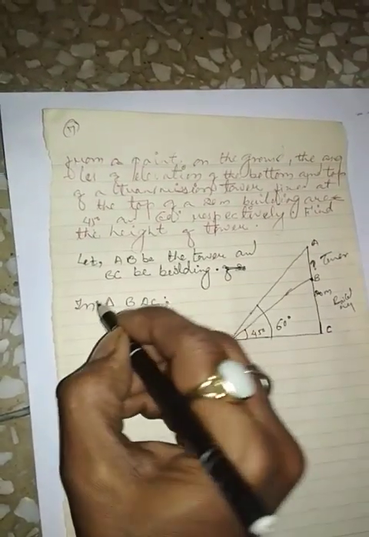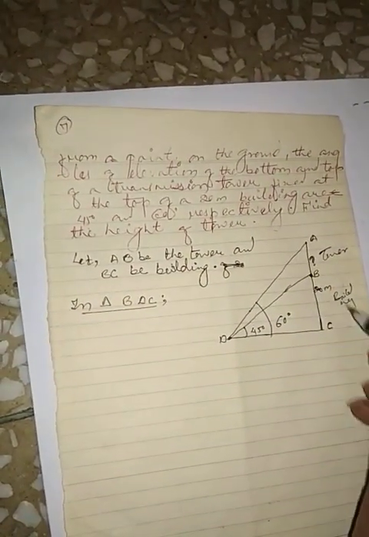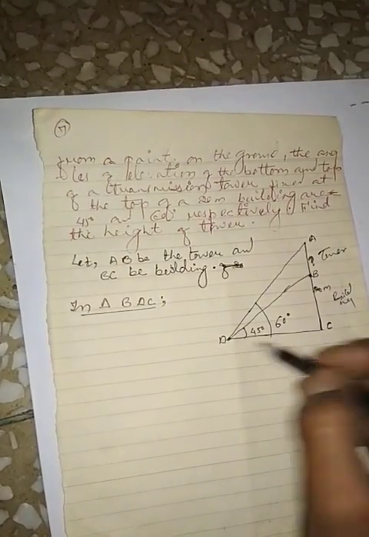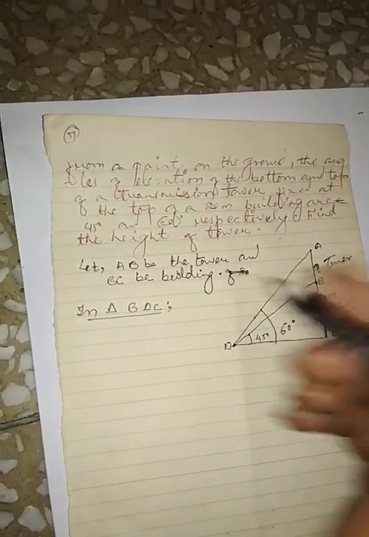From this point what shall we take? We shall use here formula tan 60. So tan 60 means BC divided by CD, or DC. What does it mean? It's a perpendicular, it's a base. So perpendicular and base combination gives you tan 45 degree or tan theta.